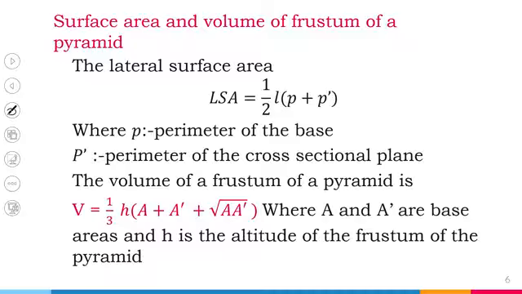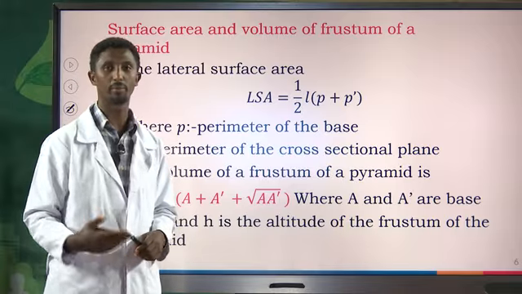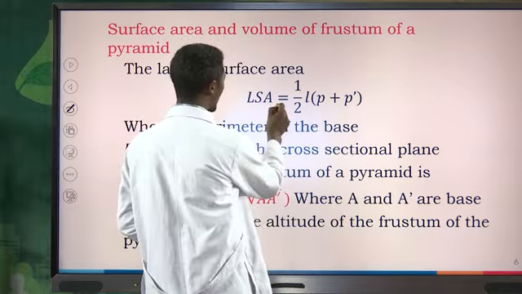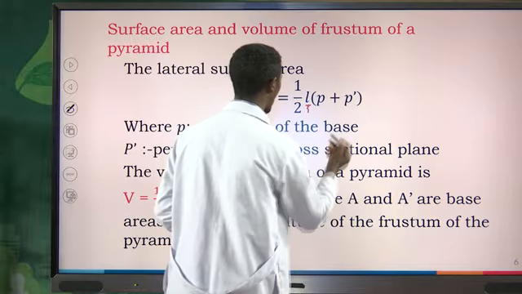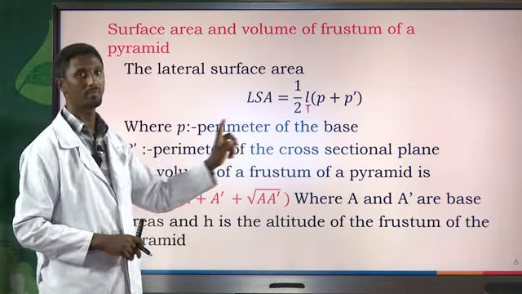We can represent the lateral surface area and volume of a frustum of a pyramid formed from a regular pyramid in this form. The lateral surface area equals 1/2 L (P plus P prime). What are L, P and P prime?